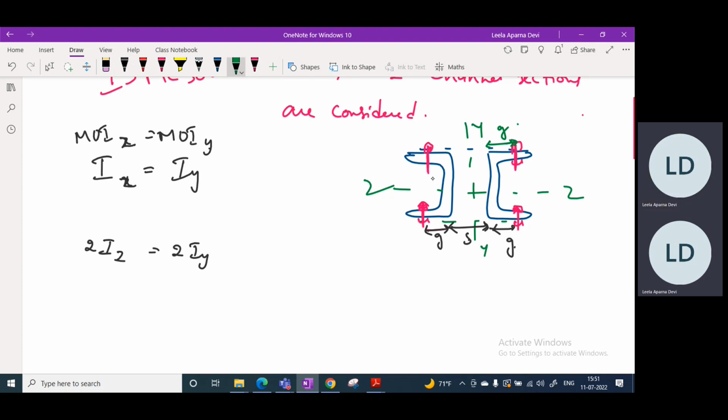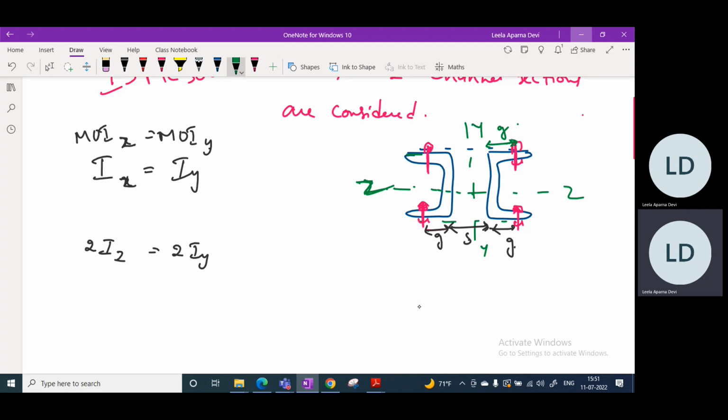And Iz. So actually, if you observe this section, IZZ entire, if you take the channel sections individually, then their Z axis will be along the centroid, here only this axis. And also IZZ about the overall section, that means the jointed back-to-back spaced section with the lacing, this entire section, if you observe, that is also at the centroid only.